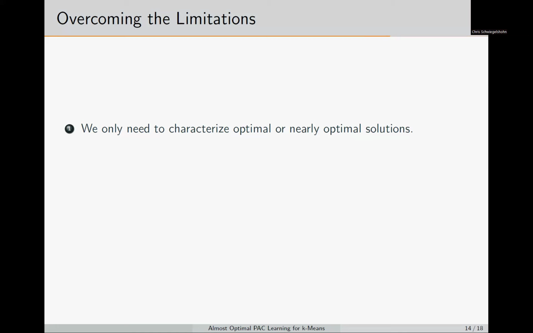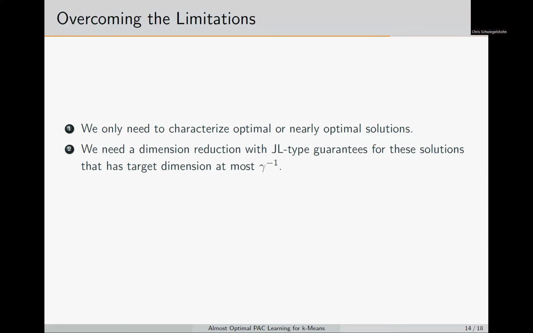And we will see how this is reflected in the analysis in a short while. Whereas Johnson-Lindenstrauss, in some sense, overshoots by trying to preserve everything. And when trying to characterize only optimal or nearly optimal solutions, we actually managed to show that there exists something akin to a dimension reduction where the target dimension is going to be of the order gamma to the -1 as opposed to gamma to the -2.